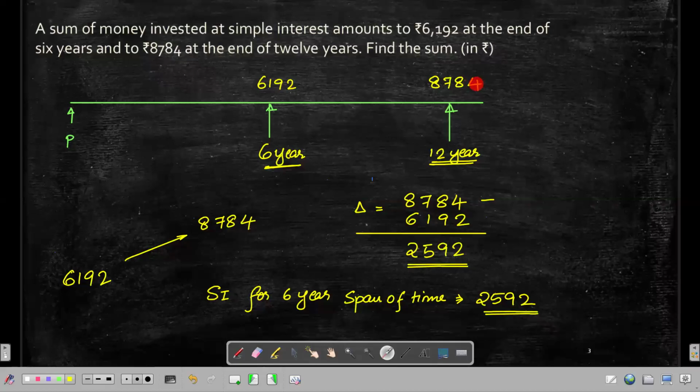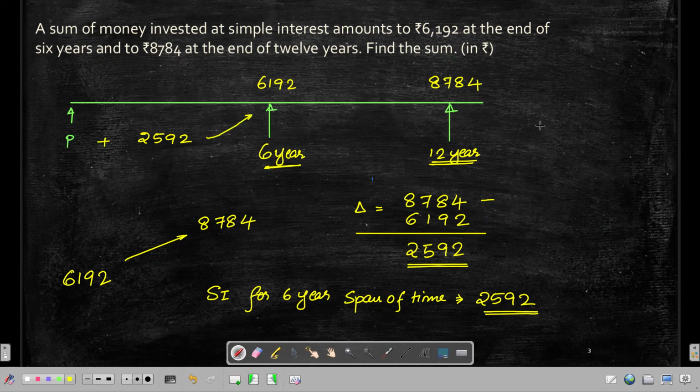Got the point? But since simple interest follows linearity, can I not say that the simple interest accumulated from the beginning till the first 6 years will also be equal to 2592? So the principal amount plus 2592 yields 6192.